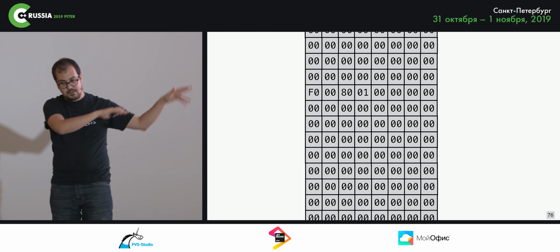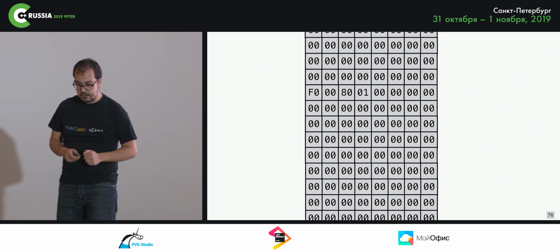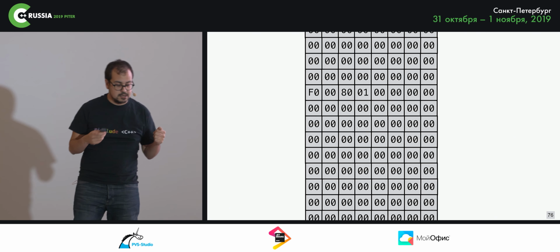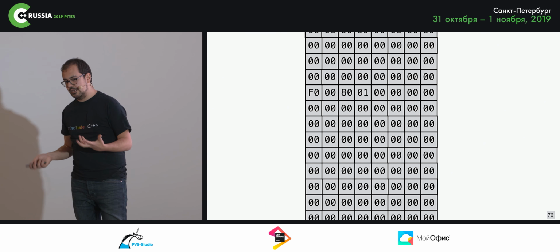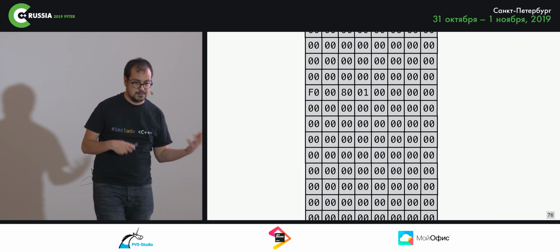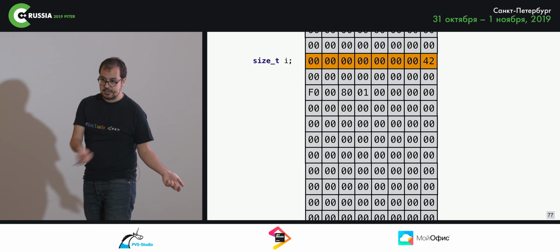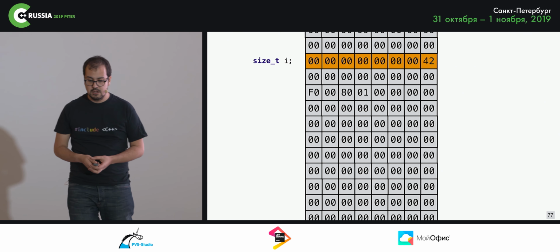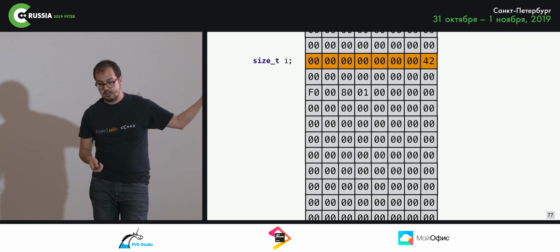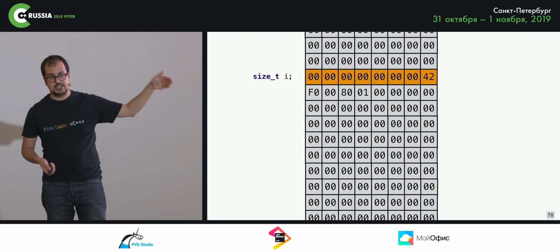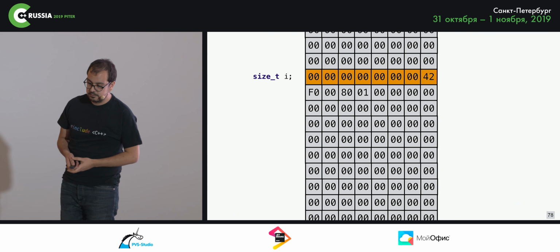I arranged the memory in chunks of 8. Depending on the alignment requirement of a type, it can only live at certain addresses. Typically, for fundamental types, the alignment requirement is the same as the size, which means that an object that is 8 bytes, like size_t on a 64-bit system, can live here, it can live here, it cannot live in between. It has to be aligned to 8 bytes, okay?